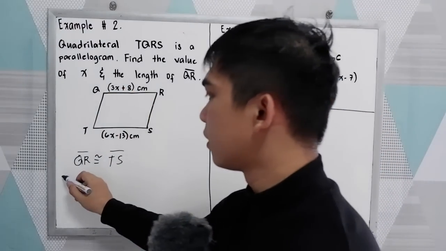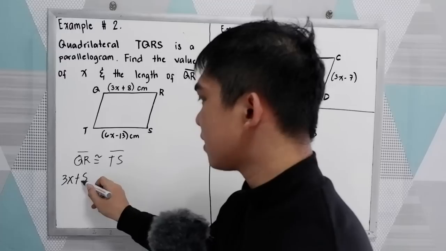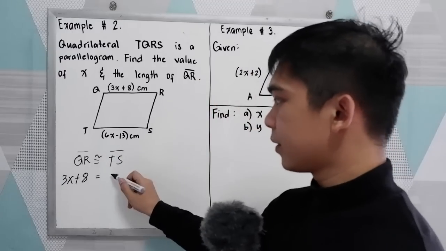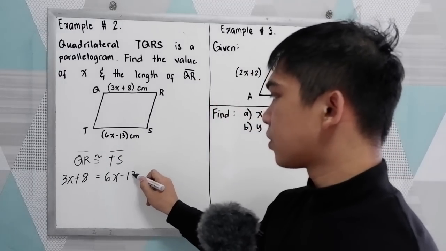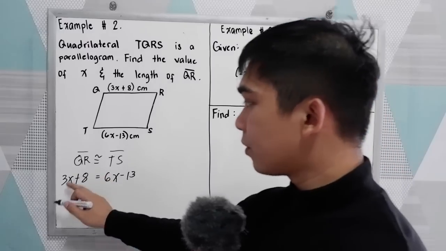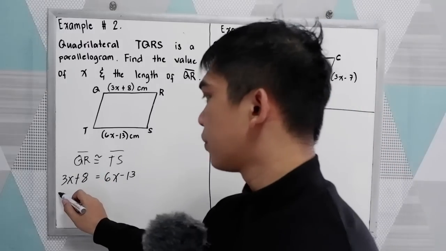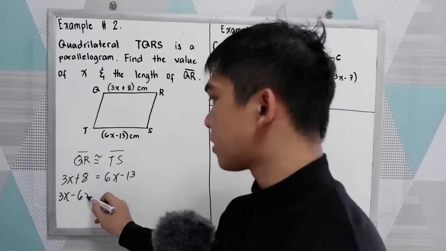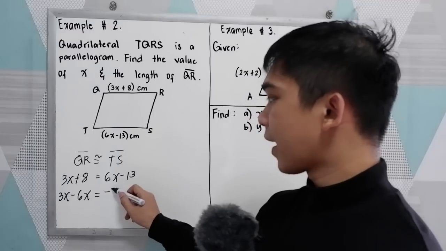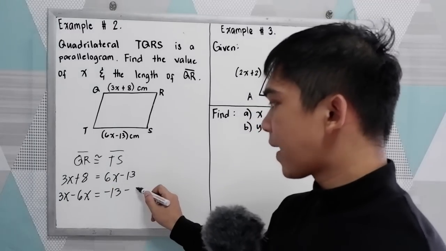Now substitute the given. QR is 3x plus 8 is equal to 6x minus 13. Now, solve for x. We have 3x minus 6x is equal to negative 13 minus 8.